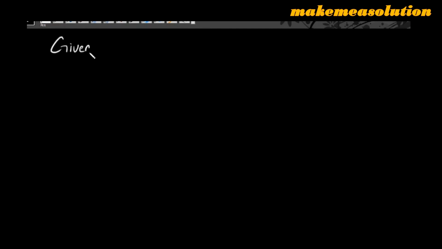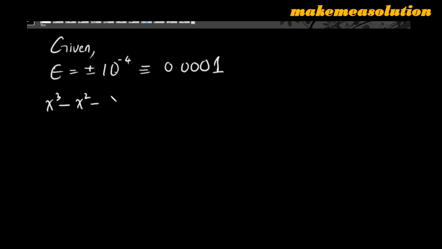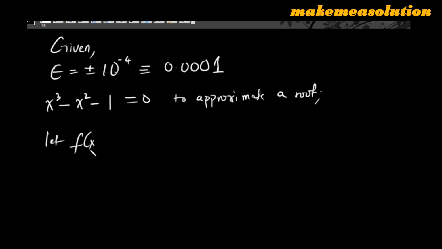So given that our error is plus or minus 10 to the power of minus 4, which evaluates to 0.0001, and given x cubed minus x squared minus 1 equal to 0 to approximate a root, we are going to say let f of x be equal to x cubed minus x squared minus 1.